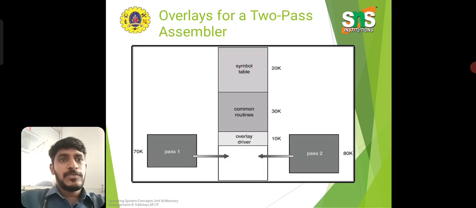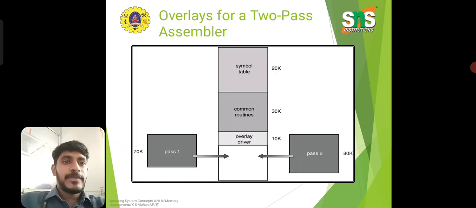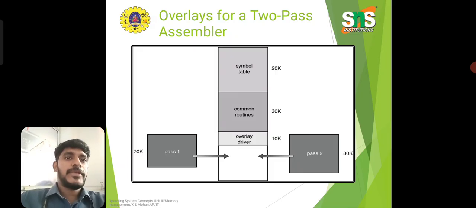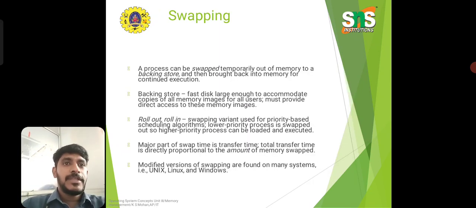Take the overlays for a two-pass assembler: pass 1 and pass 2, with a symbol table, common routines and an overlay driver. You can see this in the schematic diagram of overlays for a two-pass assembler. Then swapping.